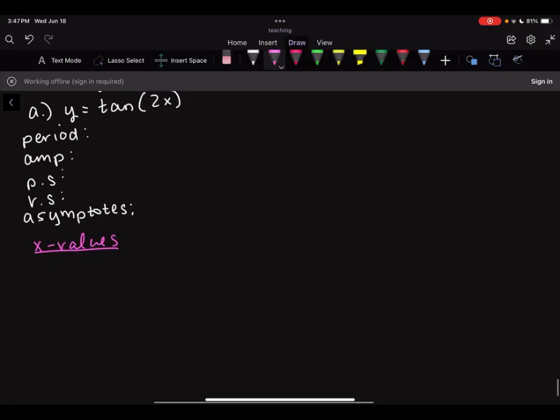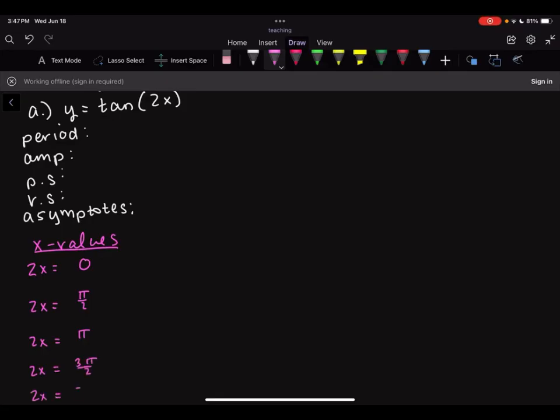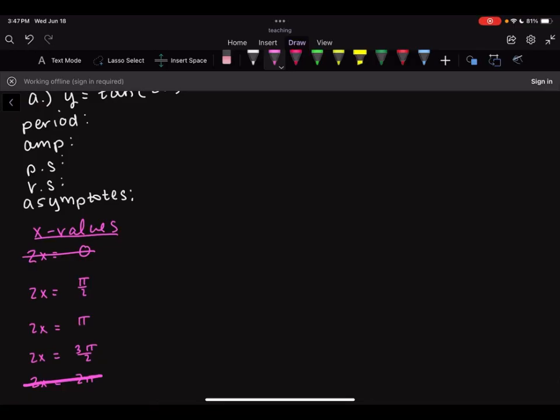So for my x values, I'm going to start off with the inside of the parentheses. And if you show that you're setting them equal to all the big five, that's totally fine. But I'll tell you that your first one and your last one aren't going to matter. So I don't really need them. So we're going to find these middle ones.